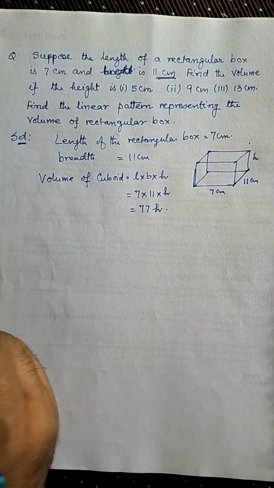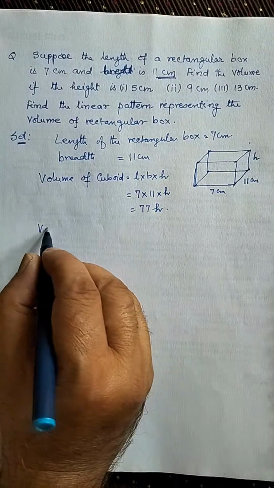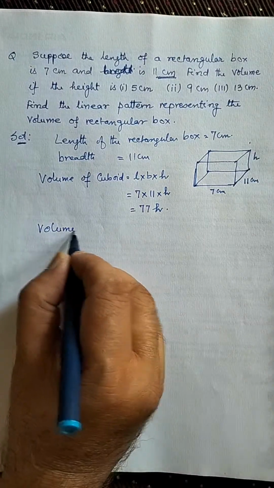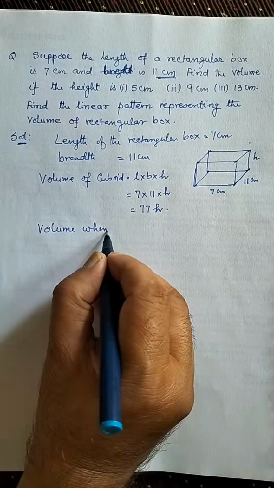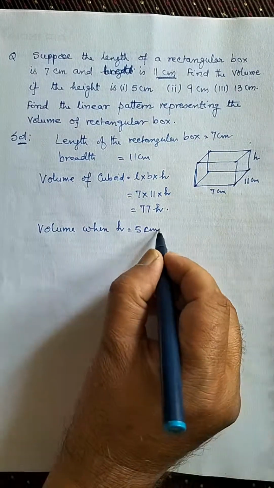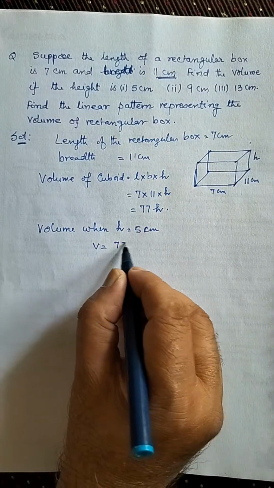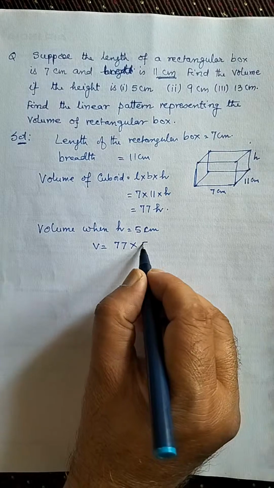Now further what he says, if the height is 5, so volume when height is 5 centimeter is V equals 77 into 5.